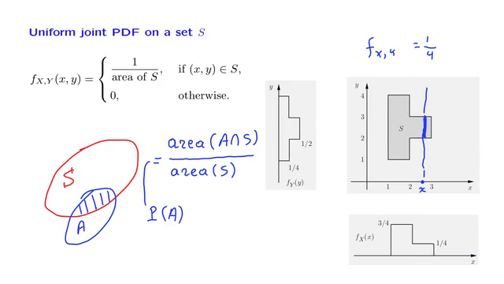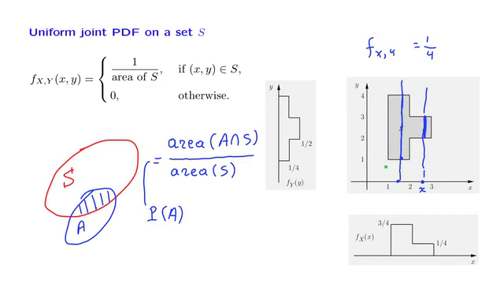On that segment, the value of the joint PDF is 1/4, and we're integrating over an interval that has a length of 1, so the integral is going to be equal to 1/4. But if x is somewhere around here, as we integrate over that line, we integrate a value of 1/4, the value of the PDF, over an interval that has a length equal to 3, and so the result turns out to be 3/4.